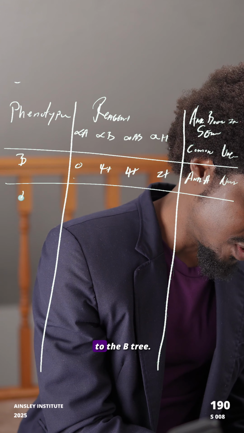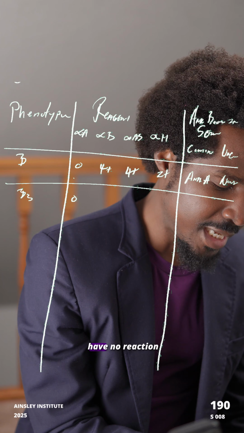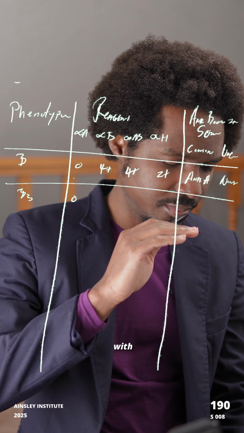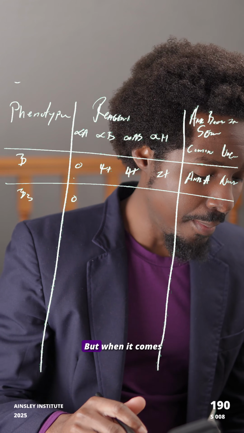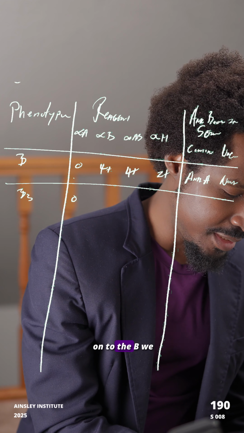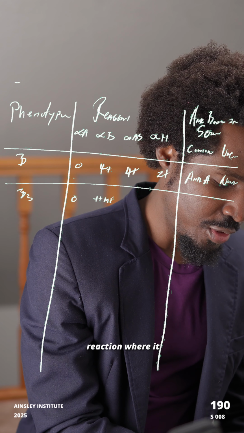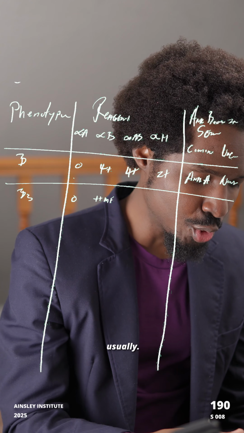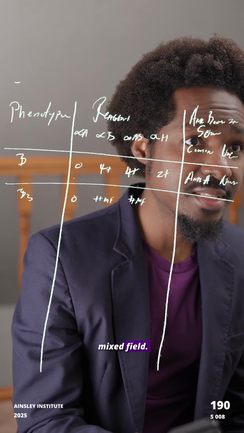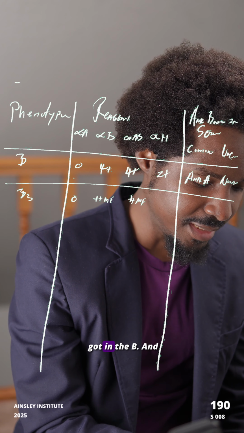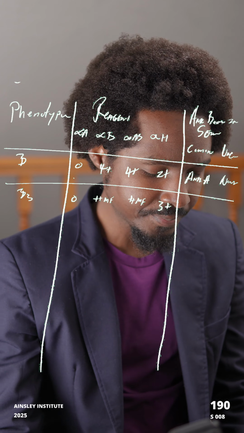Now let us move to the B3. With the B3, we're going to have no reaction with the anti-A, but with the anti-B we're going to have a positive reaction, usually mixed field. For the anti-AB, we're going to have a positive mixed field reaction, the same kind of reaction as in the B. For the anti-H, we're going to have a 3+.